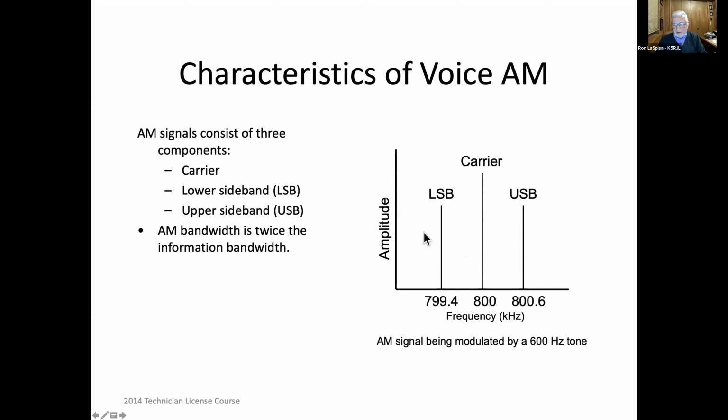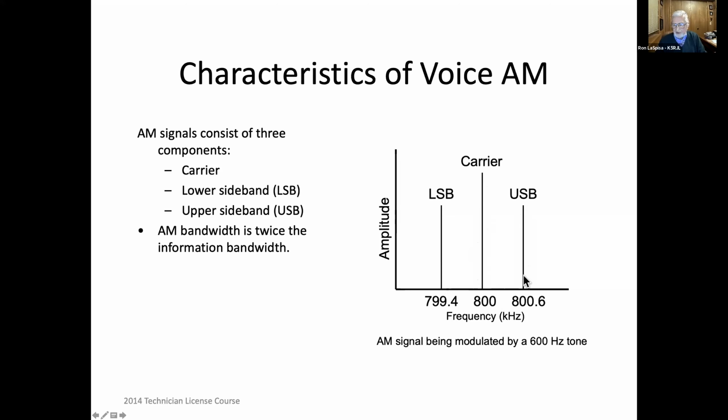In particular, amplitude modulated signals still have the carrier frequency in there. In this case, the carrier frequency was 800 kilohertz, right in the middle of the AM radio band, and you could tune your radio to 800 kilohertz just by moving the dial.